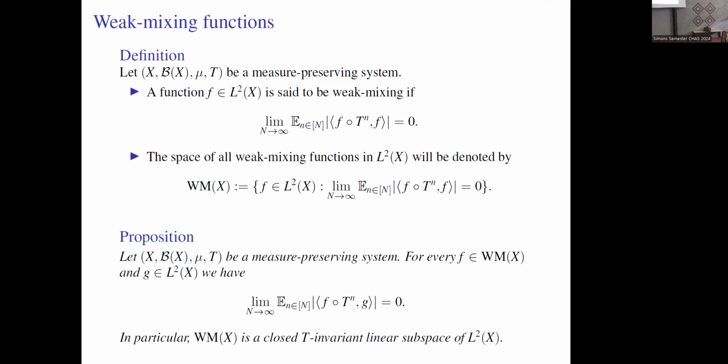This is in fact a consequence of Cauchy-Schwarz, the closedness of this space, and T invariance is also because the underlying measure mu is T invariant.